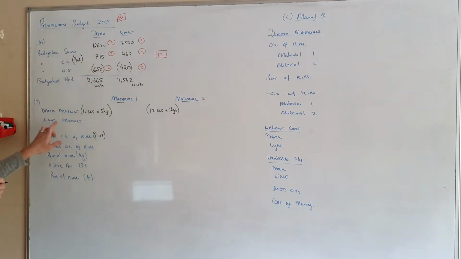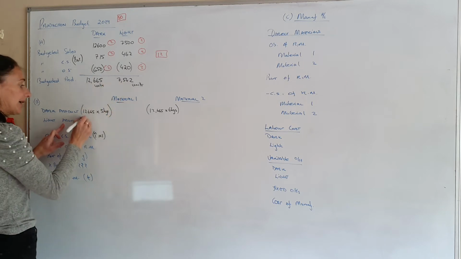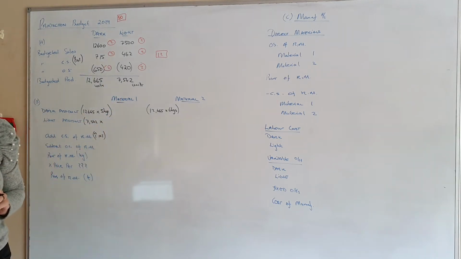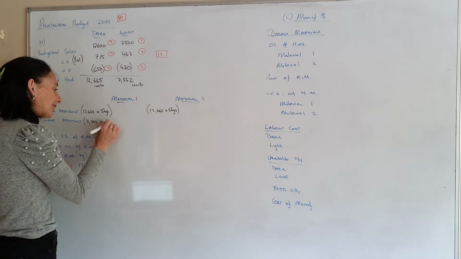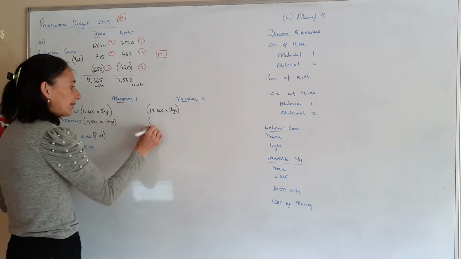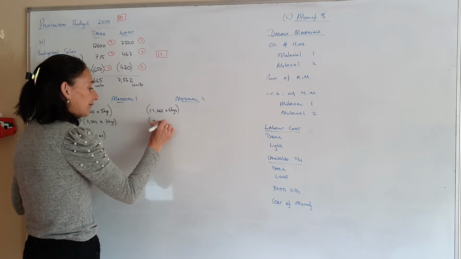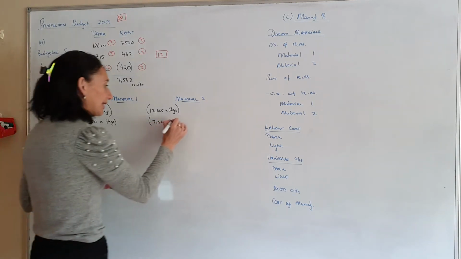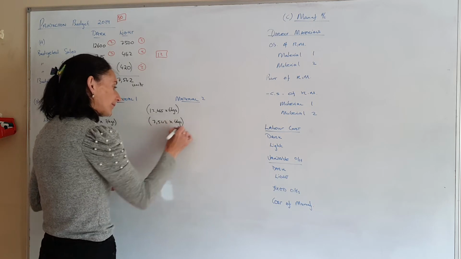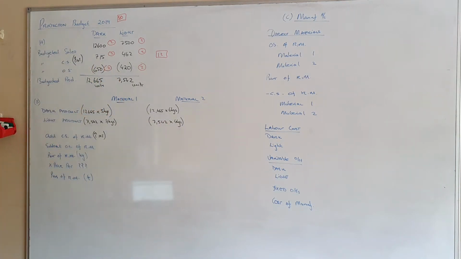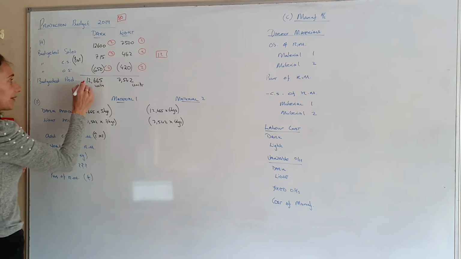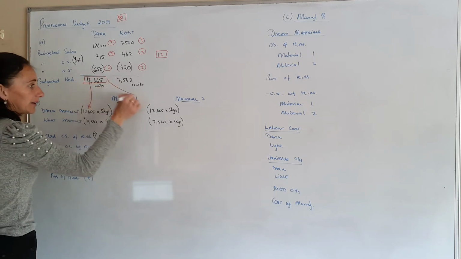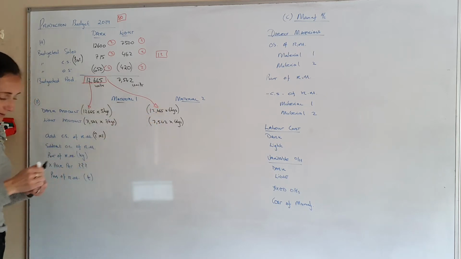Okay, product light, I want to make 7,542. And for light, the number of kilograms is 7 kilograms. And then again, I want 7,542. And for material 2, I need 4 kilograms.